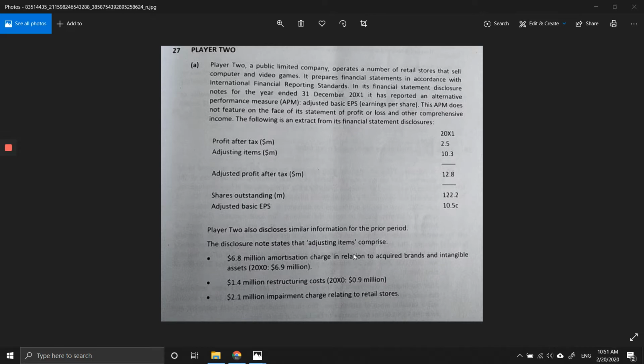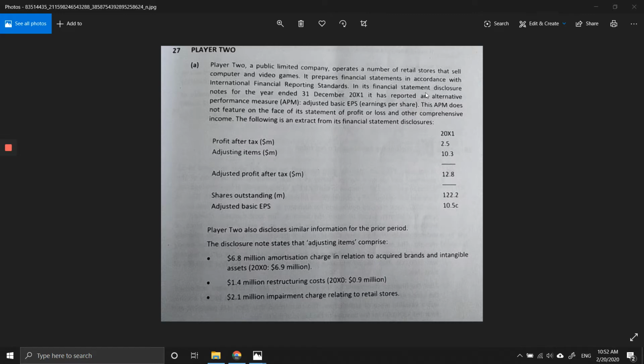So what we've been given is that Player 2 is a public limited company, operates a number of retail stores that sells computers and video games. So it's in electronics, operates a number of retail stores, video games and computers. It prepares financial statements in accordance with IFRS.